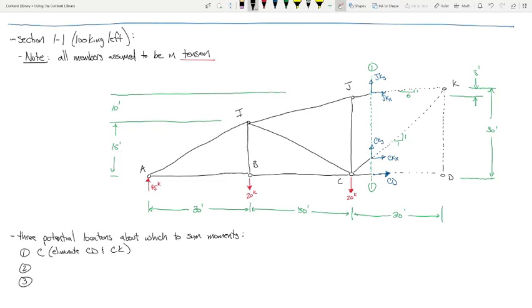So if we summed moments at C, what would we be solving for with this expression? We'd be solving for JK, right? That is an option, okay? Does anybody see another option? Where's another place about which we could sum moments? K. Okay, joint K.